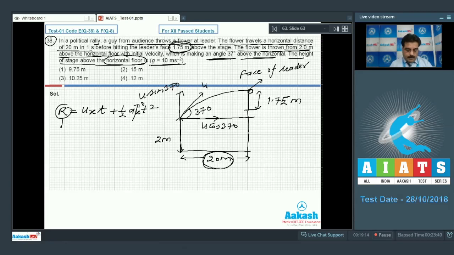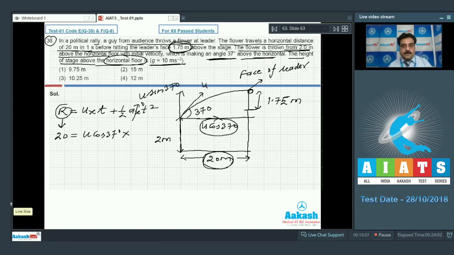But a_x will be 0 because there is no air resistance. So if I place the value of horizontal range, that is 20, u_x is u cos 37 degree. So we'll write u cos 37 into, I need the time. But the question says 1 second before hitting the leader face.